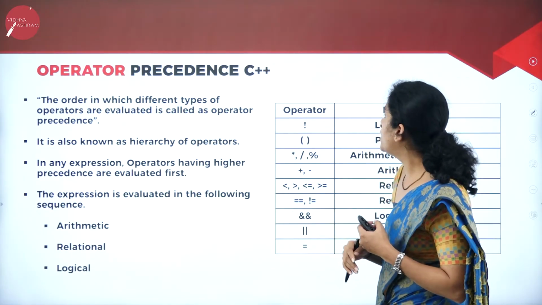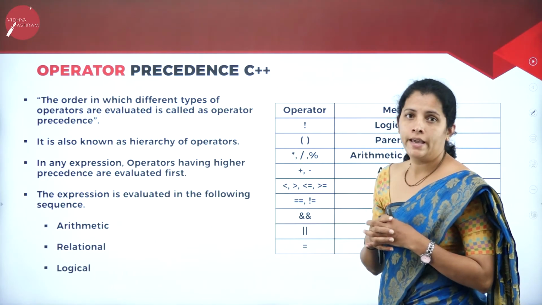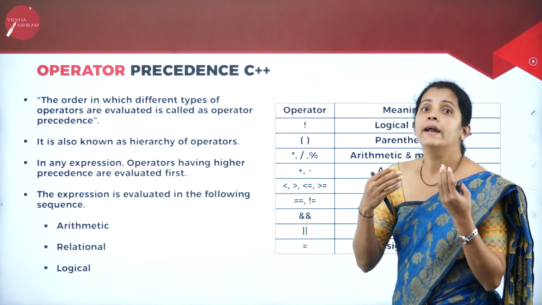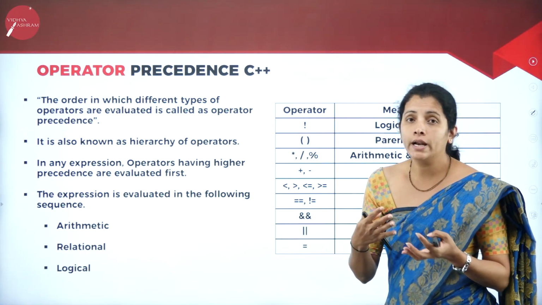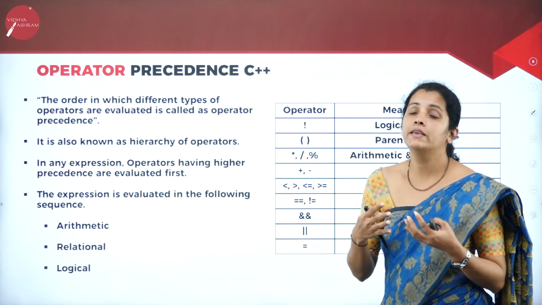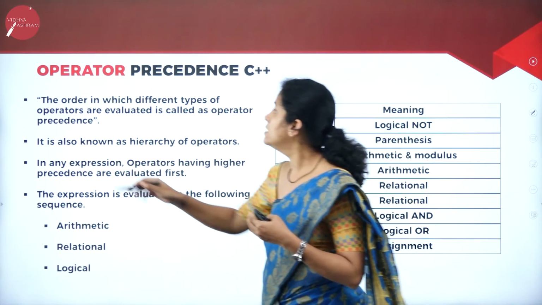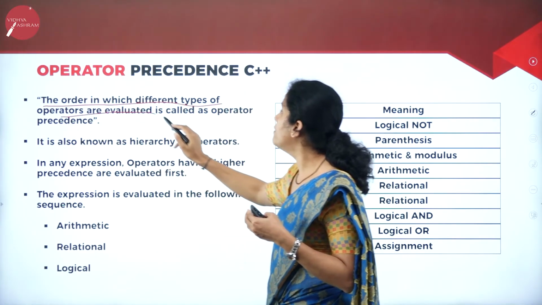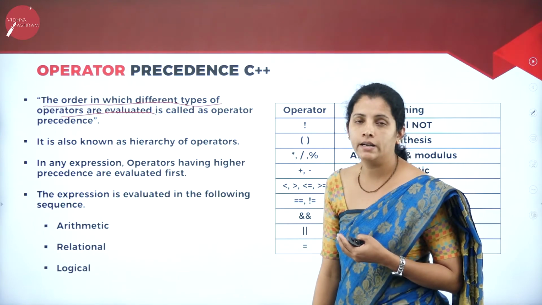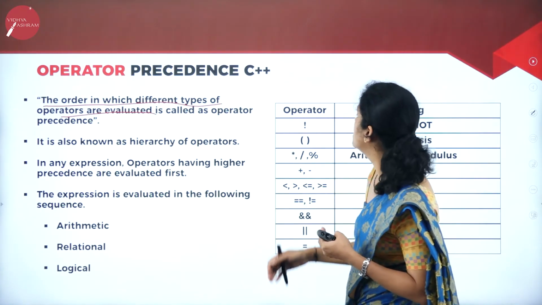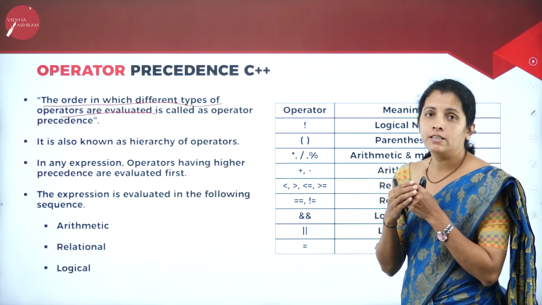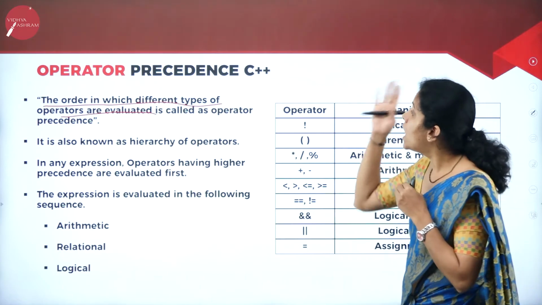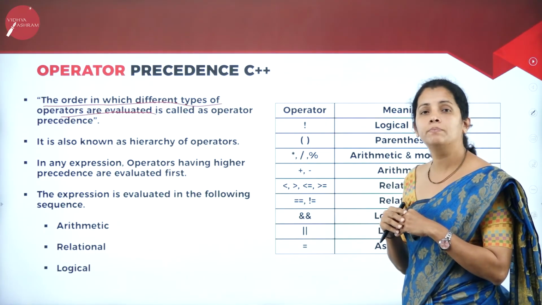Then I'm going to have the order of the expression. That means which operator I want to consider at the beginning and which operator is going to have the higher precedence. So here the order in which different types of operators are evaluated is called operator precedence. That means if I get any expression, I cannot start evaluating directly because I want to consider the operator precedence.